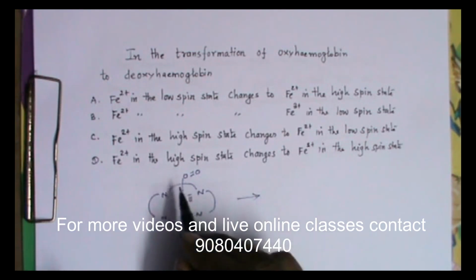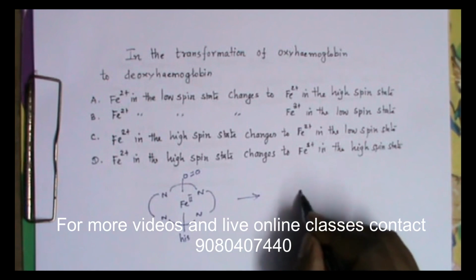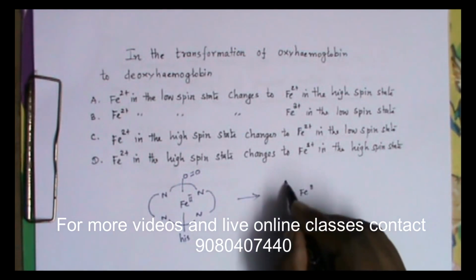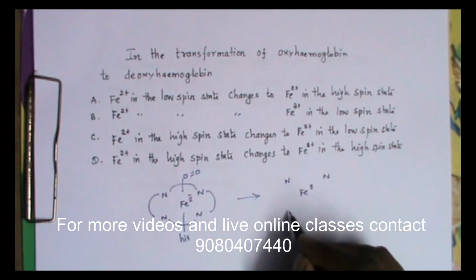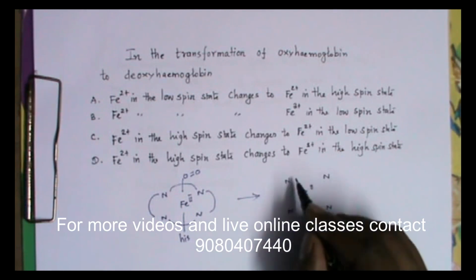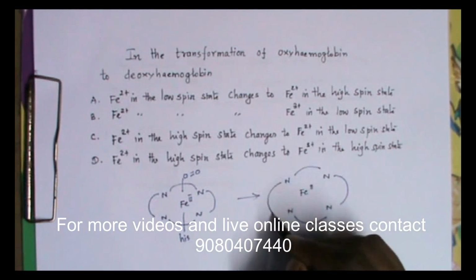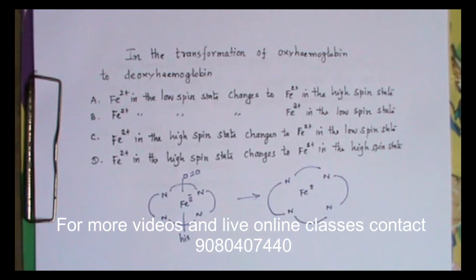This loses the oxygen molecule, and what we get is deoxyhemoglobin. In the tissue or in the cell, this transfer takes place.